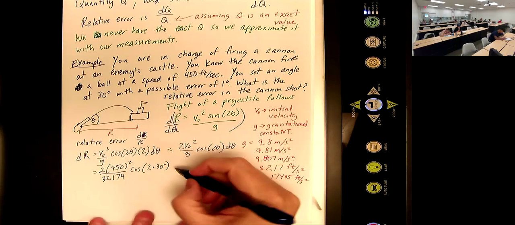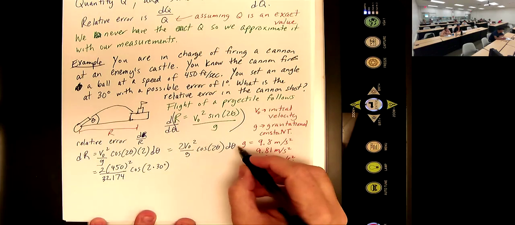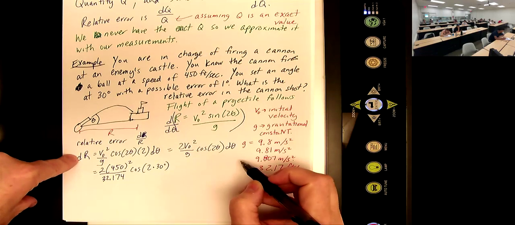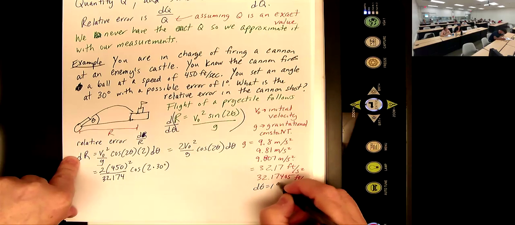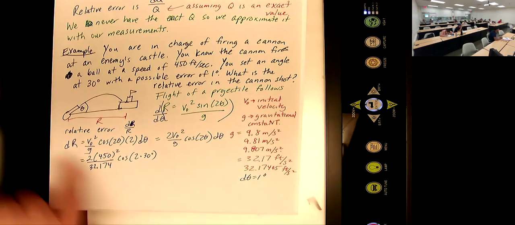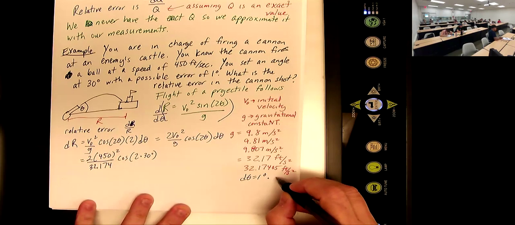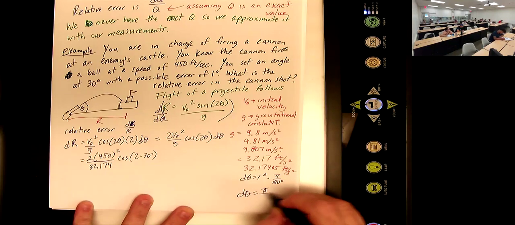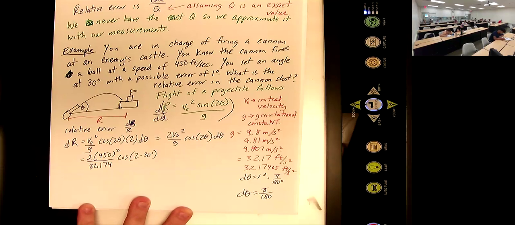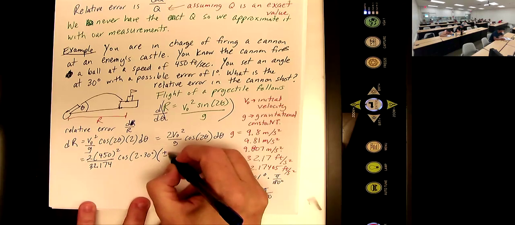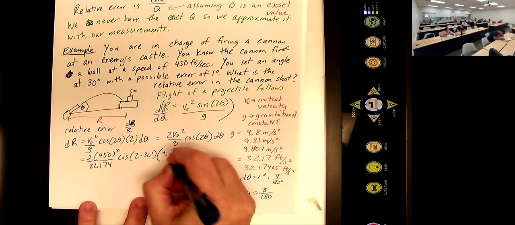And then we want d theta, but d theta is a degree and we don't want degrees in our answer. So d theta is 1 degree, but we want to switch this to radians, because radians don't have any units. So let's hit this with pi over 180. And that conveniently becomes our d theta. And that's a plus or minus, since it says a possible error and it doesn't indicate which way, plus or minus pi over 180.